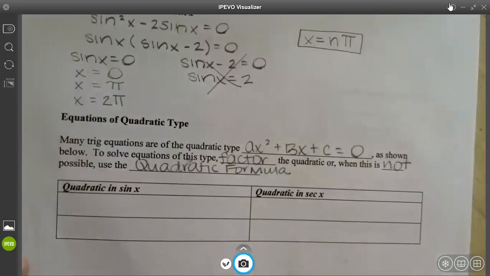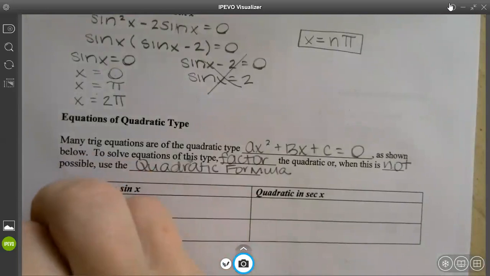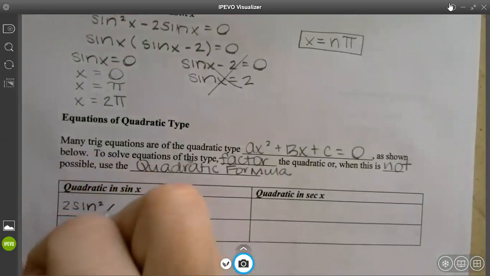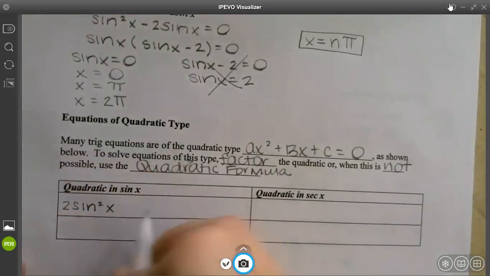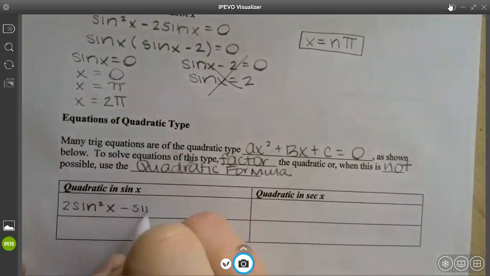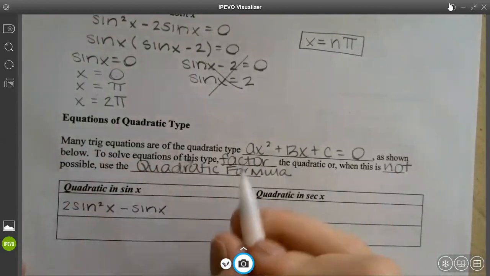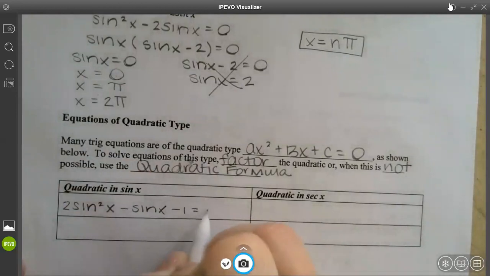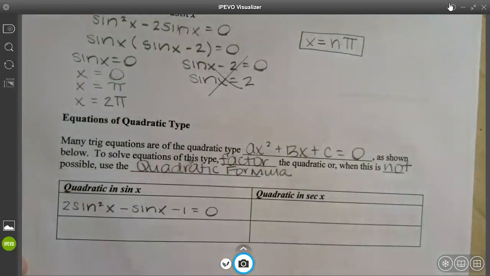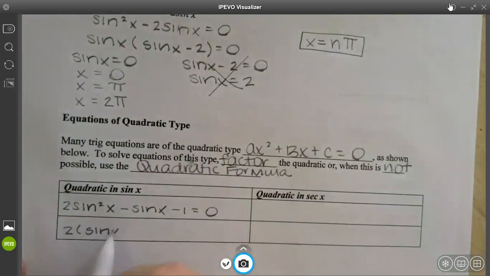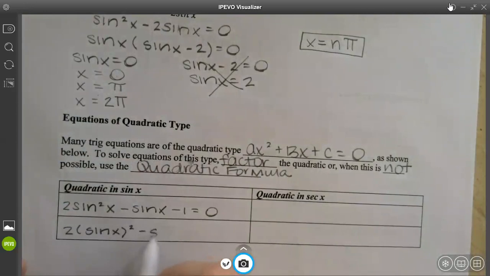Quadratic in sine x. So if you have 2 sine squared x minus sine x minus 1 equals 0. Remember that this is the same thing as 2 times sine x squared minus sine x minus 1 equals 0.